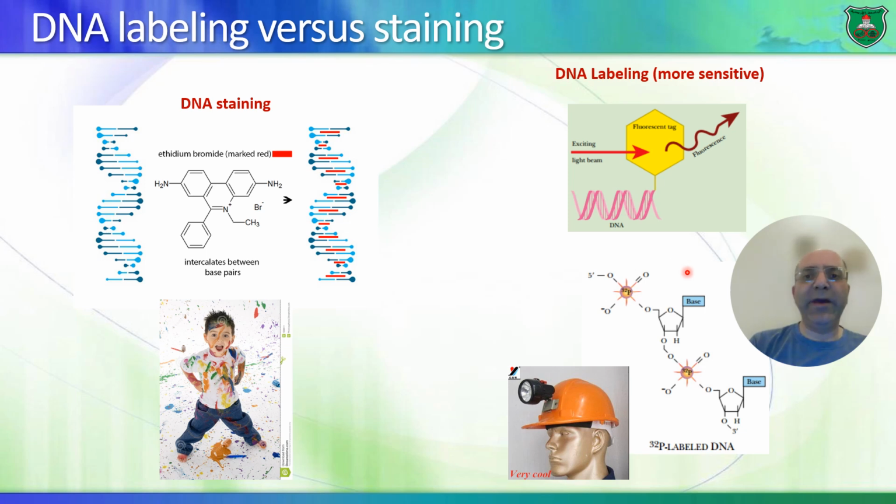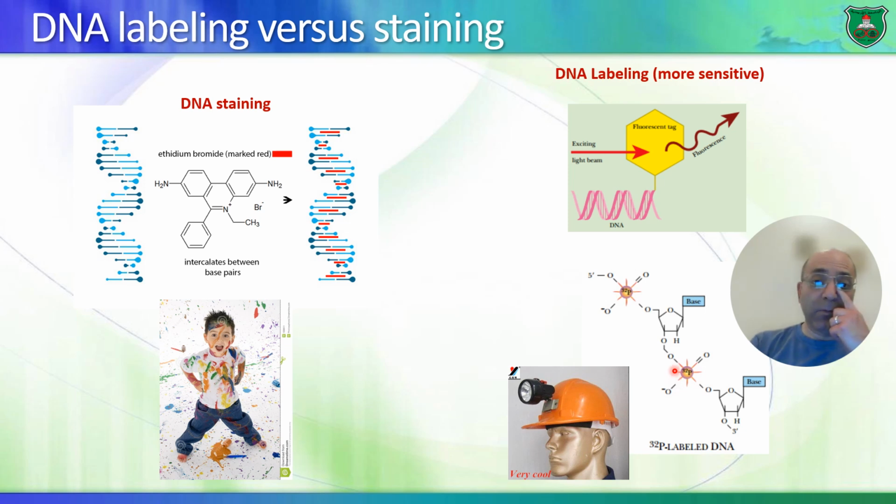So here we have the DNA itself releasing the signal. For example, we can use radioactive phosphorus, and radioactive phosphorus can be inserted in the DNA when DNA is synthesized.